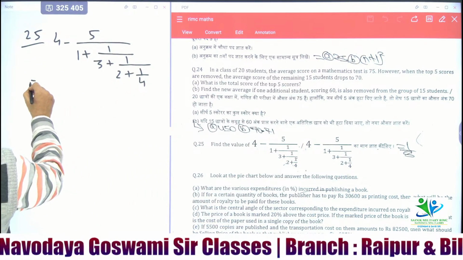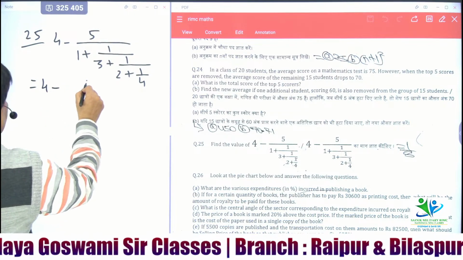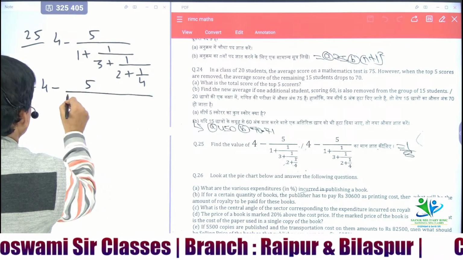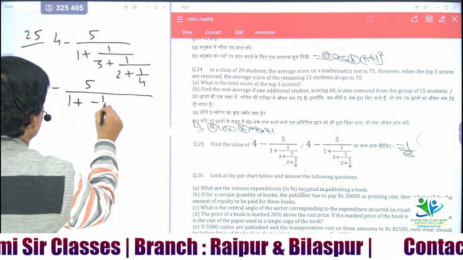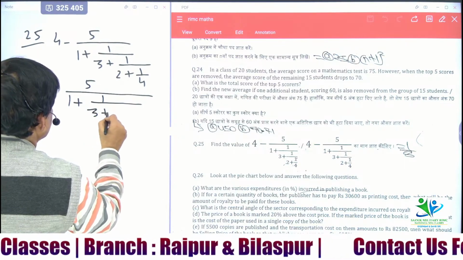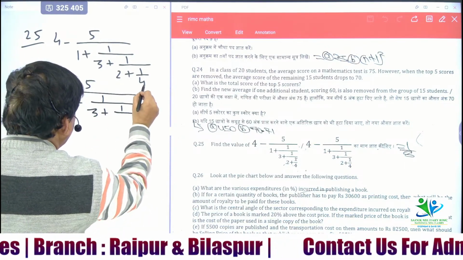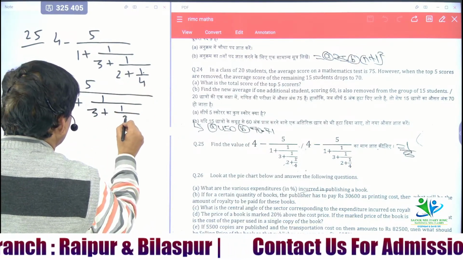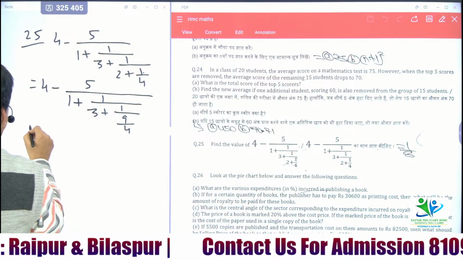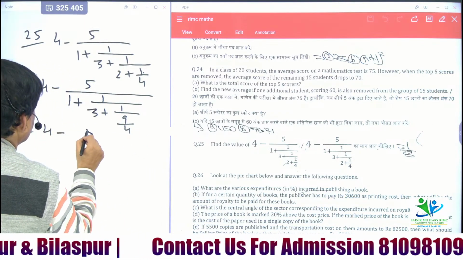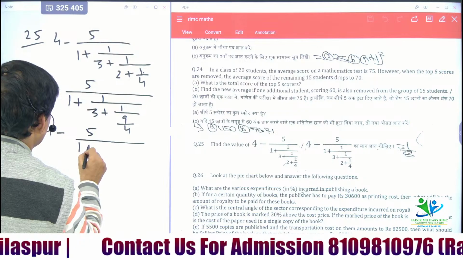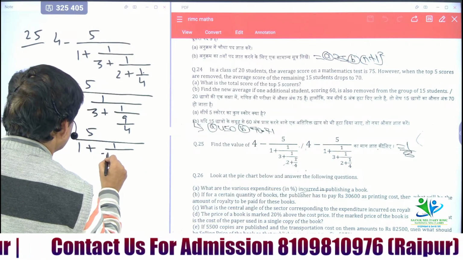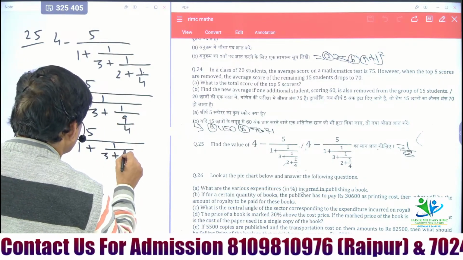Now see here, this can be written as 4 minus 5 divided by 1 plus 1 by 3 plus 1, add here 8 and 1, 9 by 4. And from here 4 minus 5 divided by 1 plus 1 by 3 plus, take the reciprocal, that is 4 upon 9.